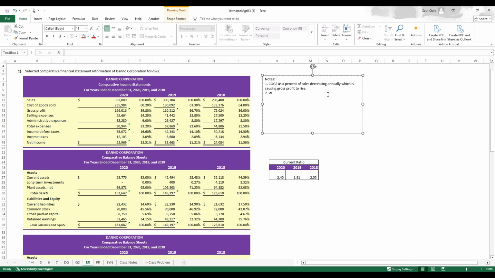Selling and admin expenses have been increasing. And let's see what totals there.